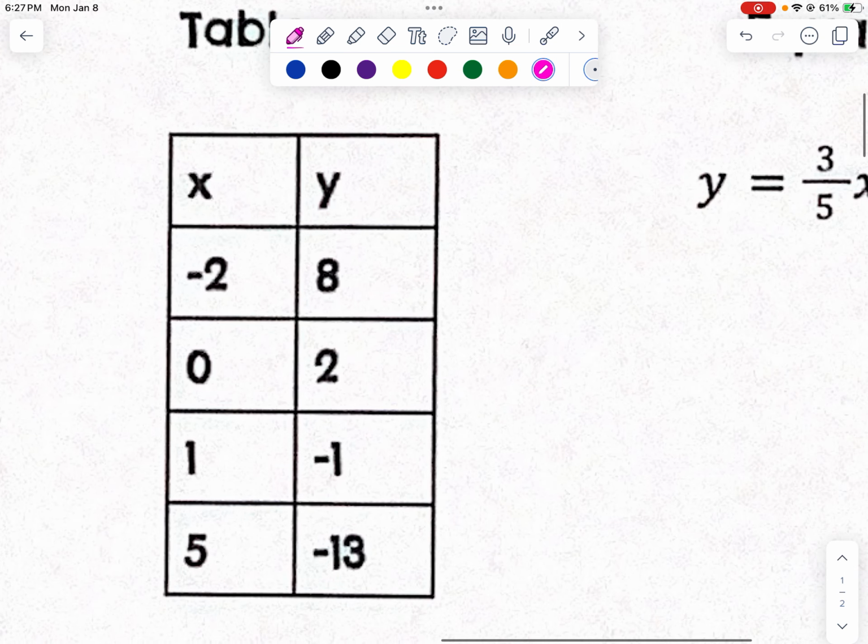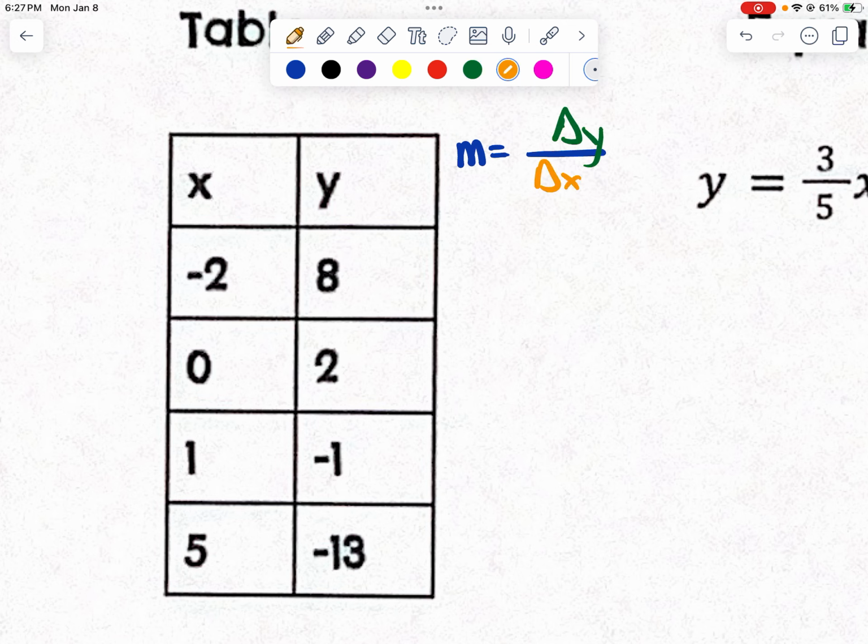Then this one, again, remember that slope is equal to the change in y over the change in x. So if I'm looking at this, I'm going to go from here to here. It went down 6. So that means -6 is on top.